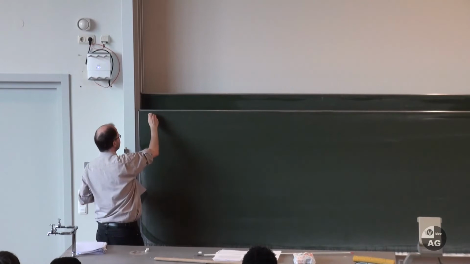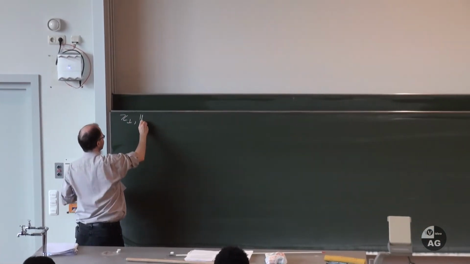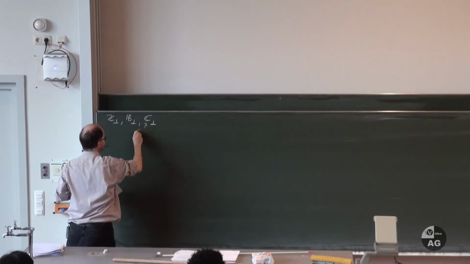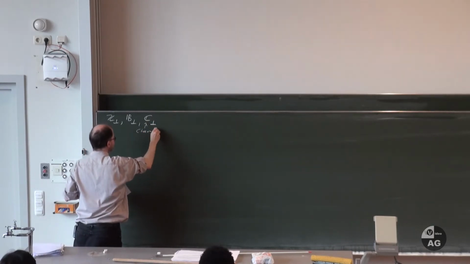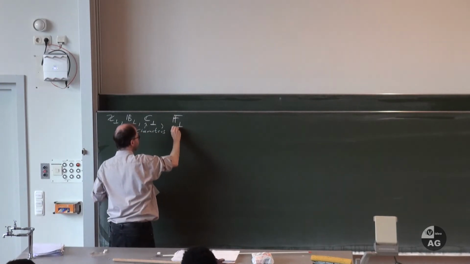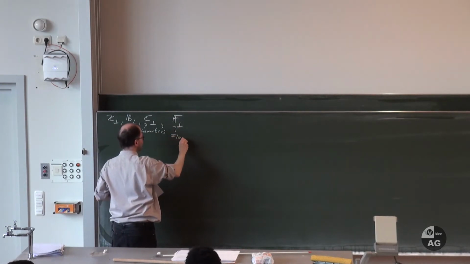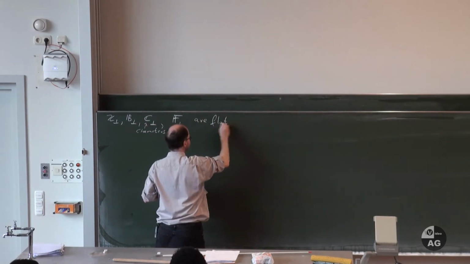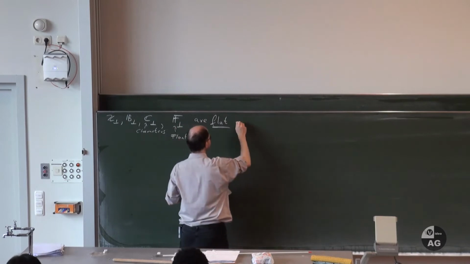we see that Z bottom, B bottom, C bottom for the characters, and F bottom for the floating points are all flat domains.